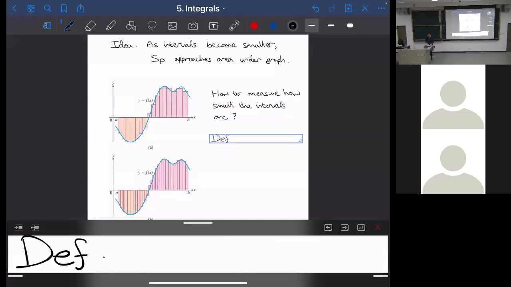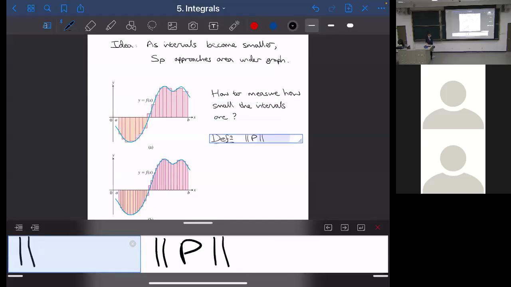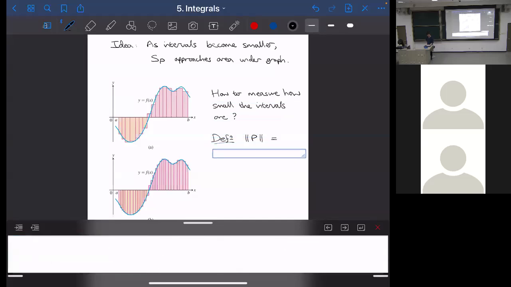Definition. We write it like this. It's the maximum delta xk, so the maximum width of an interval for the partition P.